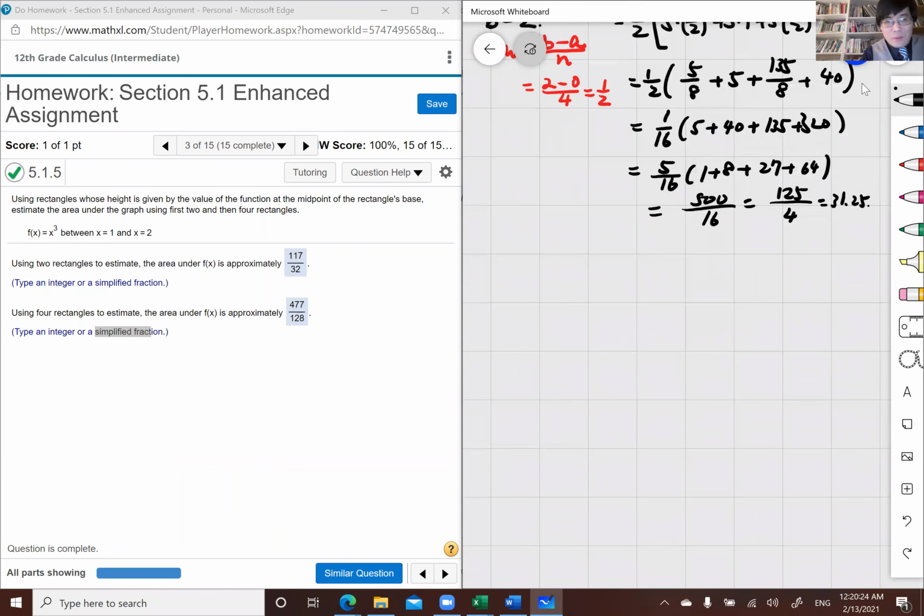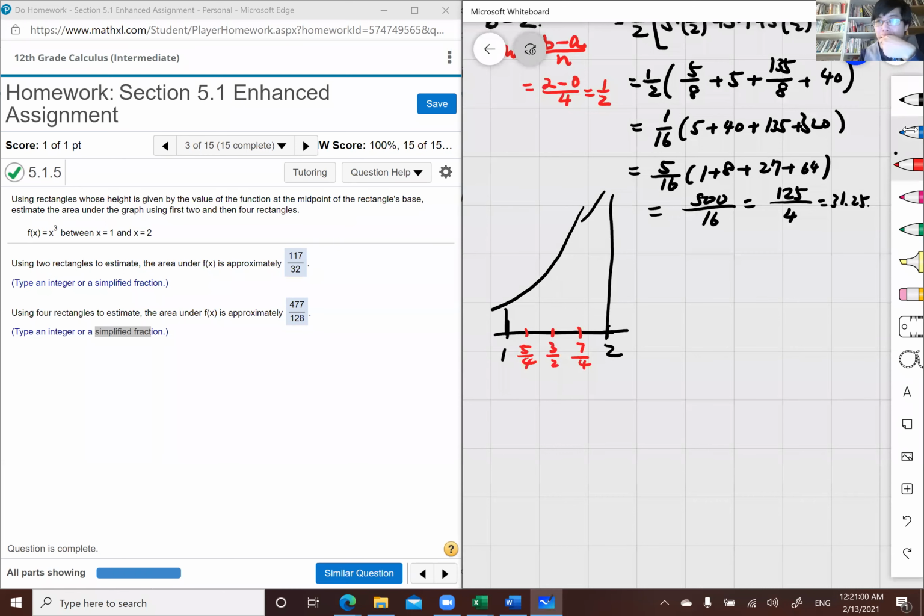So I'm just going to do the second part. Again, you have a cube function, and the interval is from 1 through 2. I'm going to find the area under the curve. Now, suppose we divide it into 4 subintervals. So it's going to be 3/2, 5/4.